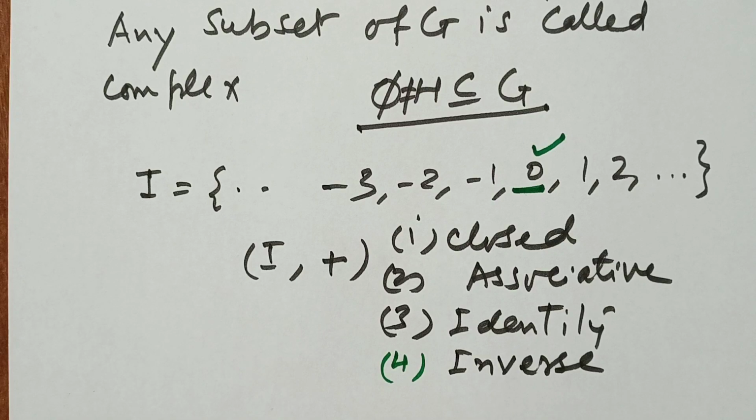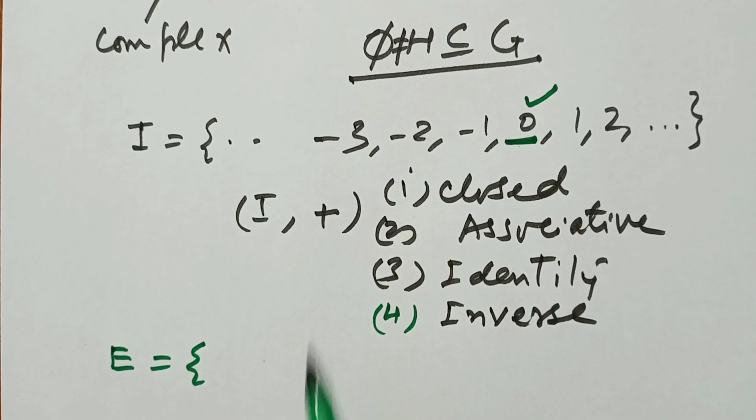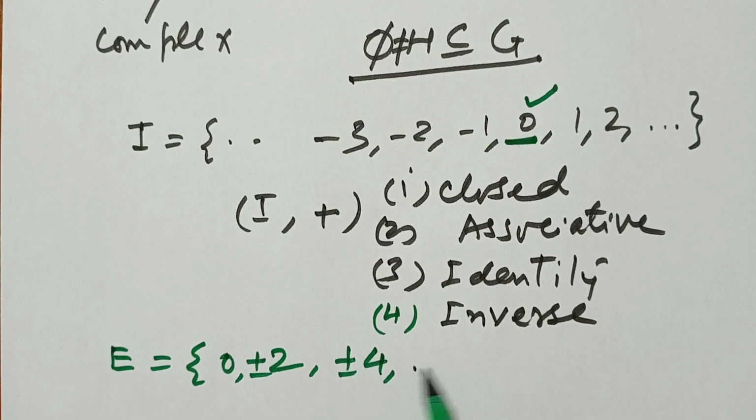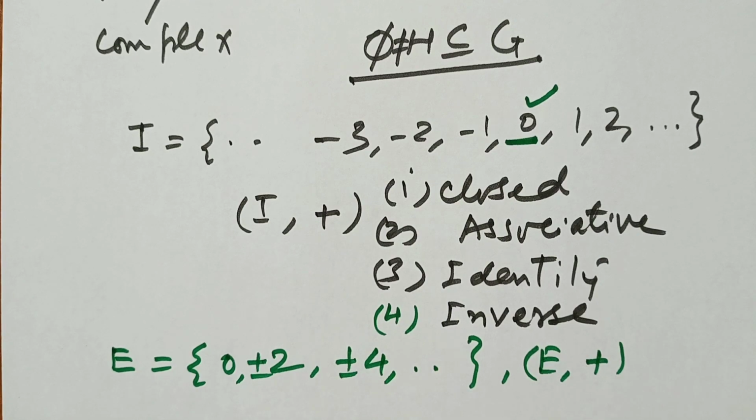Similarly, if we take a subset of I, the set of even integers, meaning 0, plus minus 2, plus minus 4 and so on, then first we check whether (E, +) satisfies the four properties or not. It is easy to see.